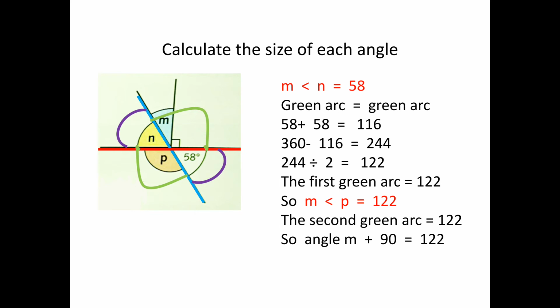So M plus the right angle, they will give me together the 122. Now, can I get measure of angle M? Yes, because I know that M plus 90 equals 122. So to get M by itself, just make 122 minus the 90. It will give you 32. And now we got all the missing angles.